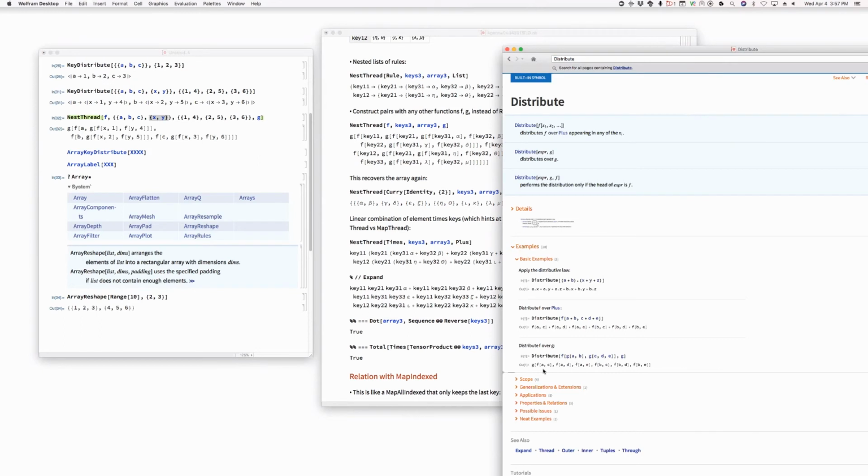In the same way that we have thread and map thread, there is distribute and this other thing that could have been separated into the functions and the arrays, and then it will look closer to this function I'm suggesting here. So distribute is very close to thread in the sense that it requires an expression which already contains the heads inside. And then map thread was created separately, but we don't have a map distribute.